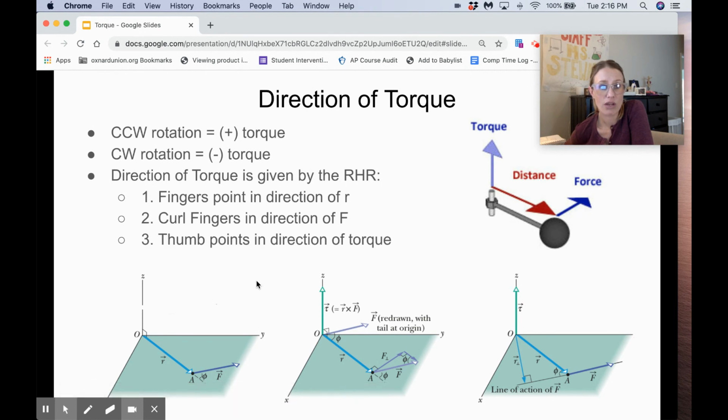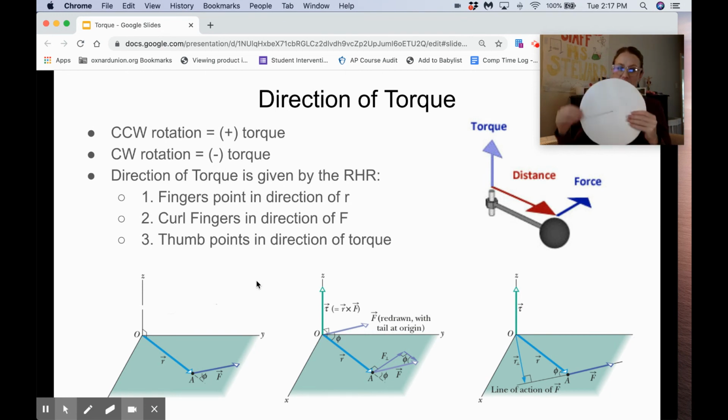And three, your thumb will point in the direction of torque. So this is my right hand. I don't know if it looks like it in the video or not, because sometimes these are mirrored. But say I have this object here, and to you, this would be clockwise. So that would be a negative torque. I think that's what it is. I'm sorry if it's backwards.